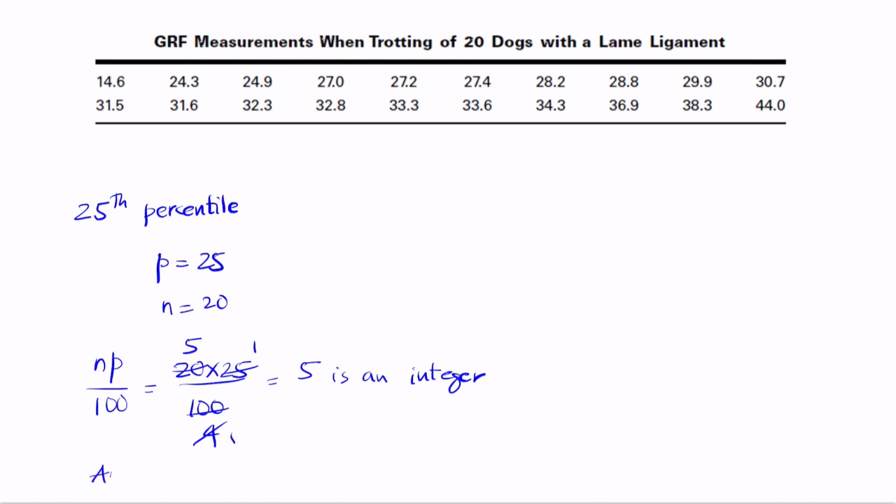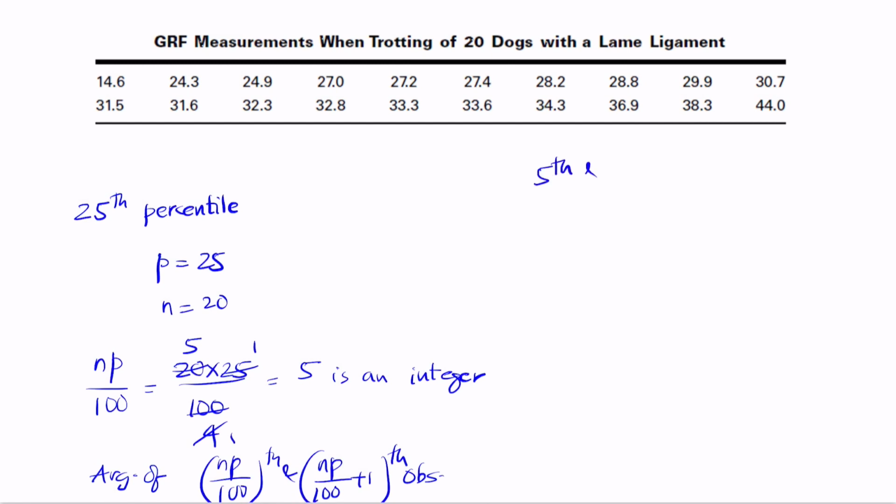So again, the average of the NP by 100th and the NP by 100 plus 1th observation. So NP by 100 is 5, so we are taking the average of the 5th and 6th observation.